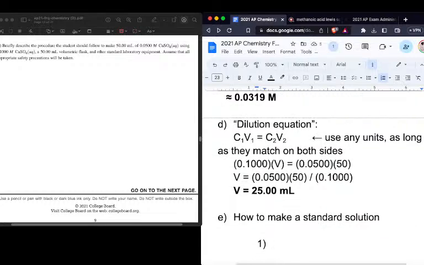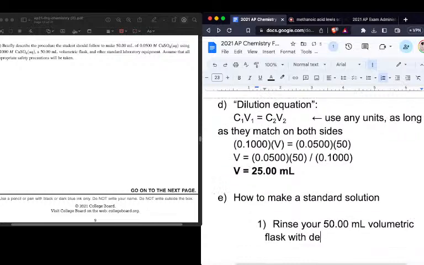Okay, so step 1, rinse your 50 milliliter volumetric flask with deionized water or distilled. I don't know what you prefer to use. Okay.